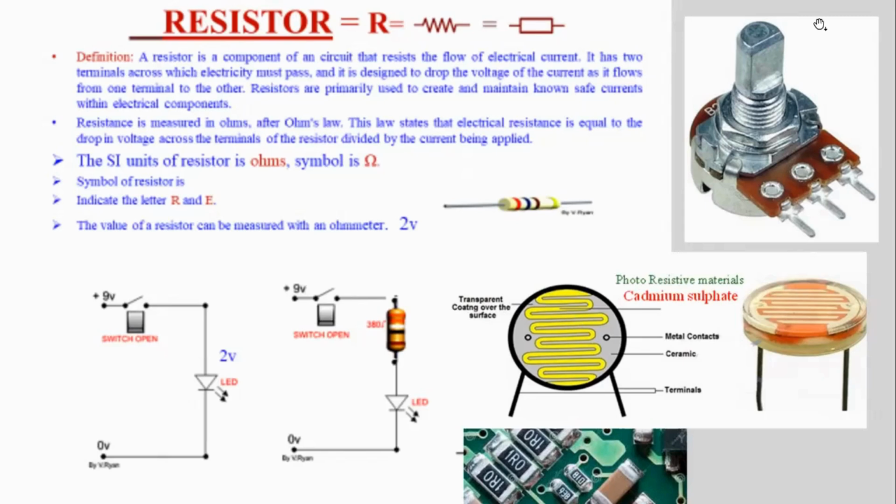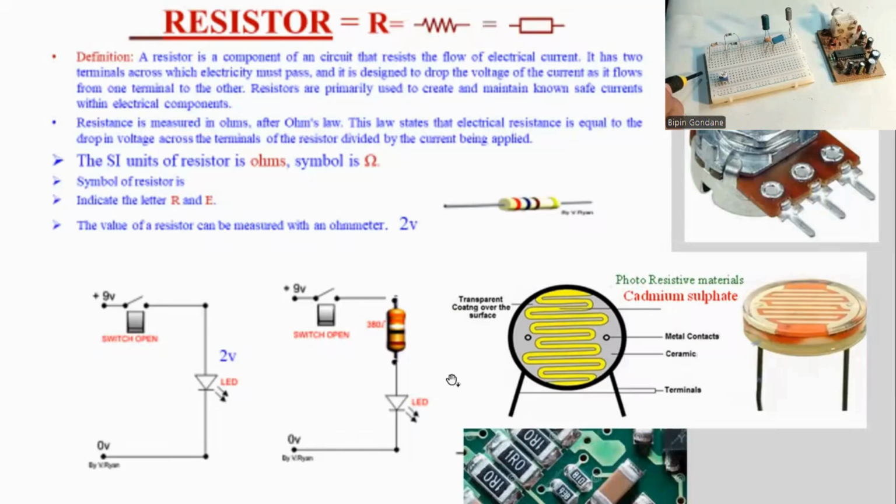I will also show you these resistors on the breadboard. Right now you can see on this box, I'm showing it on the other screen, I've fixed some resistors. The best way of identifying smaller resistors is with the help of color codes, which are very, very important.